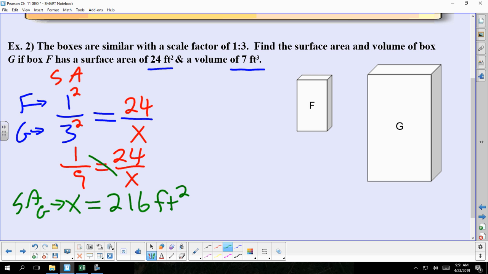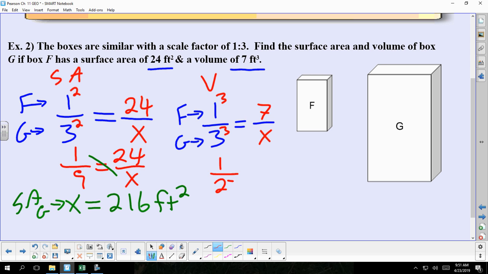Now we can do the same thing with volume. Again, I'm going to set it up the same way. So there's my F, there's my G, and I want to do volume. So now I'm going to cube each of these. And on top, we're given this is 7. I end up with 1 over 27 equals 7 over x.